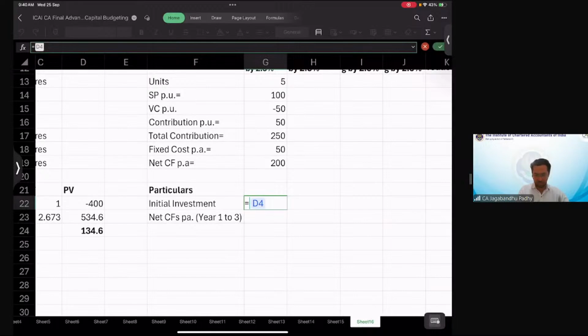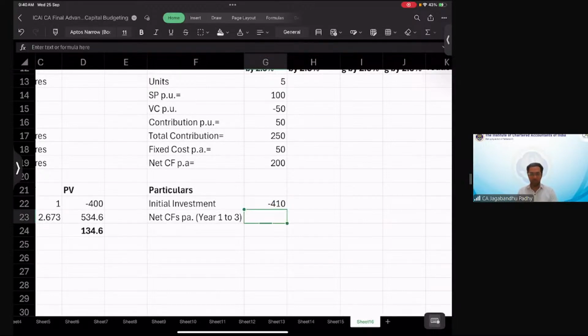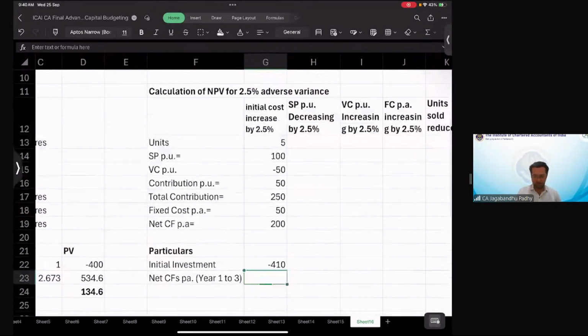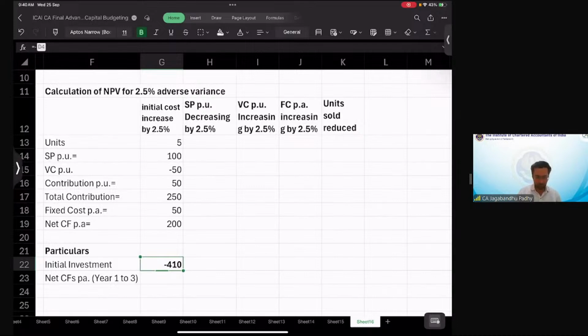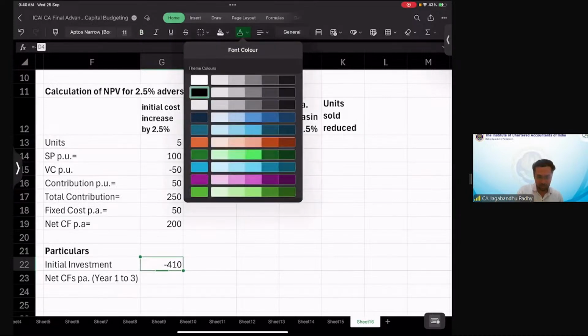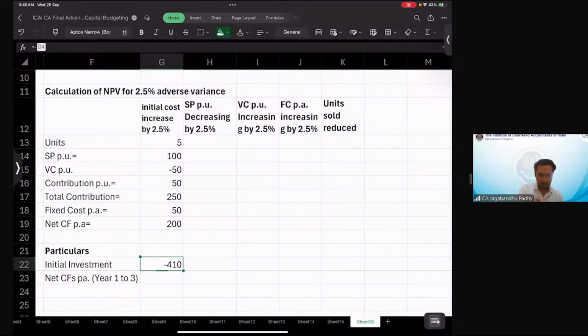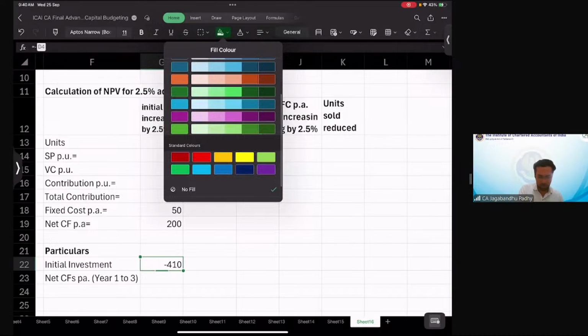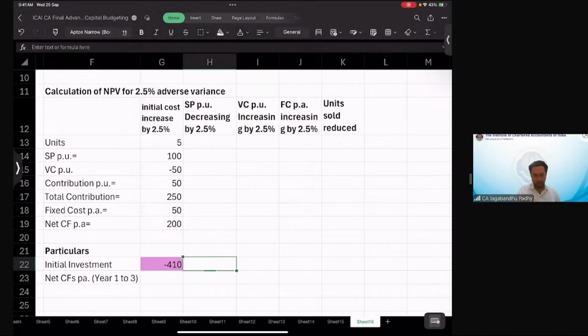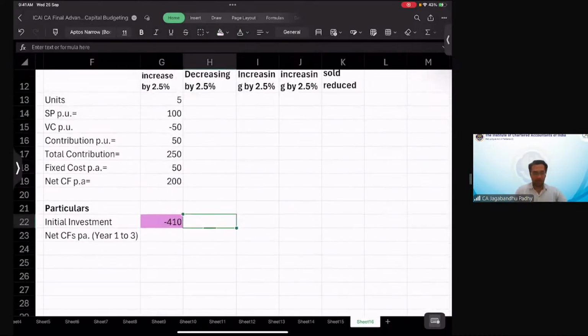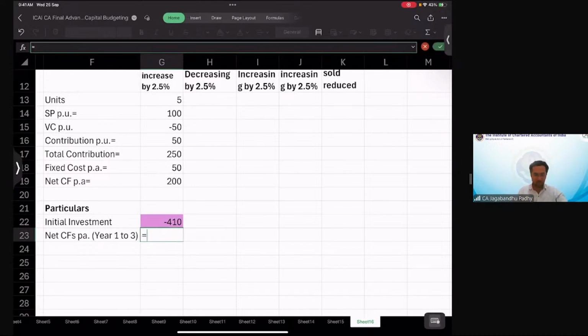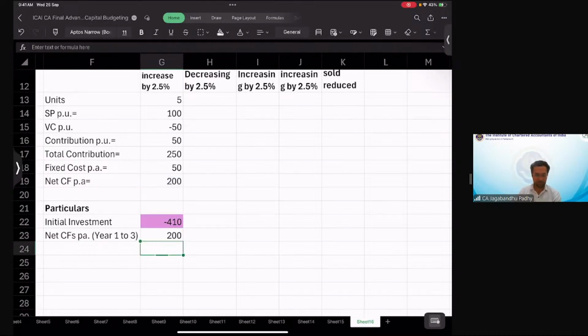Your initial investment becoming 410, because that is the change that we are looking at here. So we are changing the initial investment. So net cash flow per annum is going to be remaining same 200.